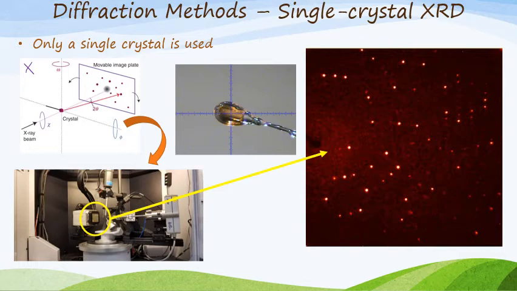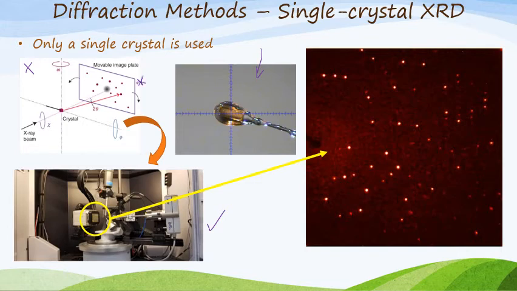In this diagram, we have a single crystal that is mounted onto a loop, and the bottom picture on the left is a schematic of an instrument, and in the yellow circle is the detector. So this is what you will see on the detector.